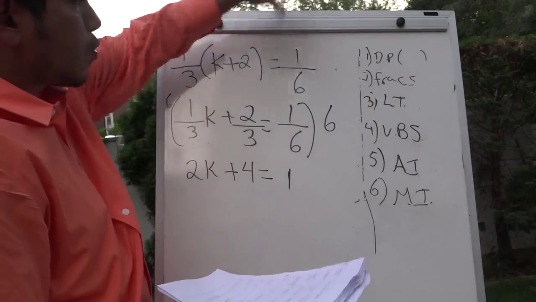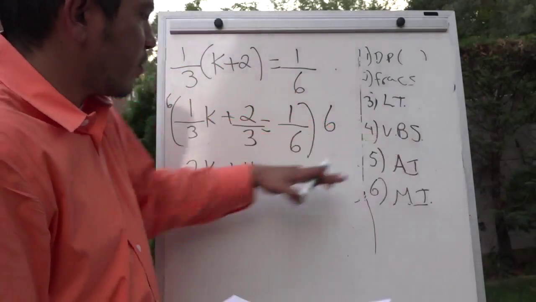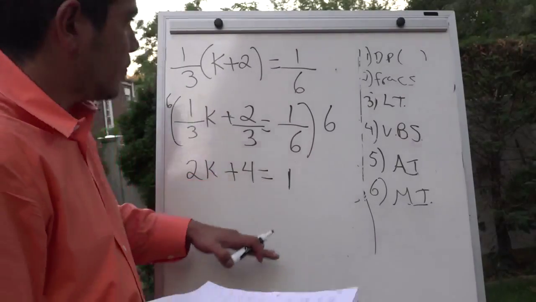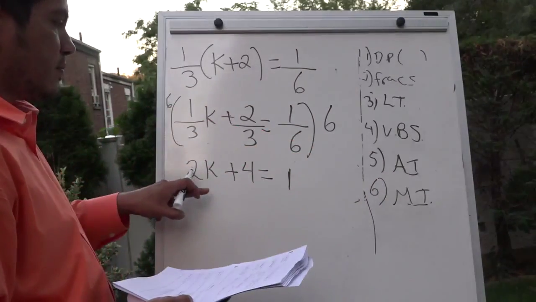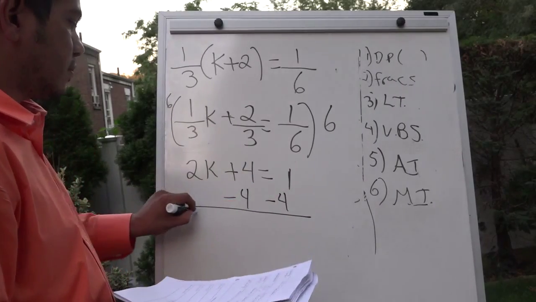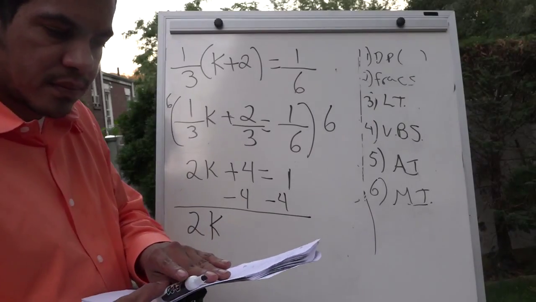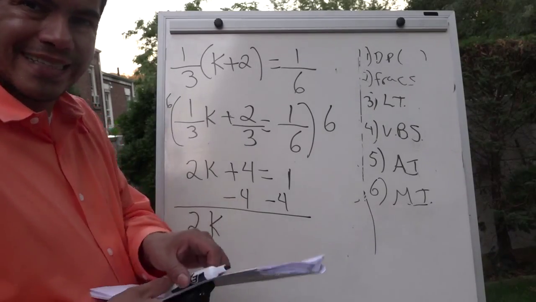All right then. So I used fractions. Do I have like terms? No. Do I have variables on both sides? No. Do I have additive inverse? Yes. Oh, sorry. Okay.